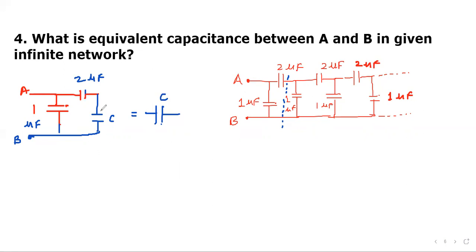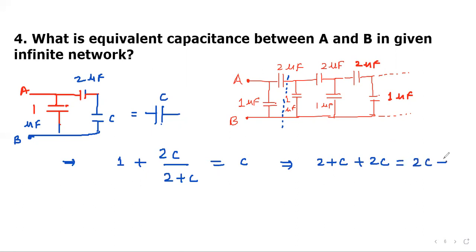So let's see, these two capacitances are in series and this is in parallel, so we can write it as 1 plus these two are in series, so it will become 2C divided by 2 plus C, equal to, we have assumed it as C. So it will become 2 plus C plus 2C equal to 2C plus C square, from where 2C will cancel out, and we will get C square minus C minus 2 equal to 0.